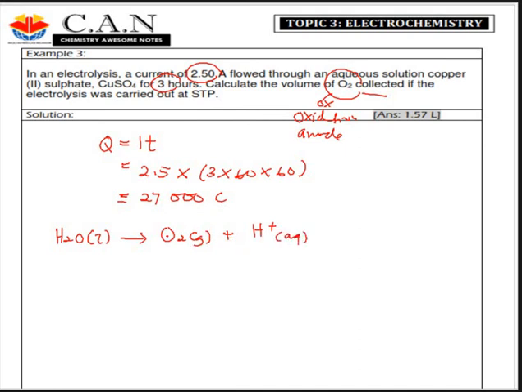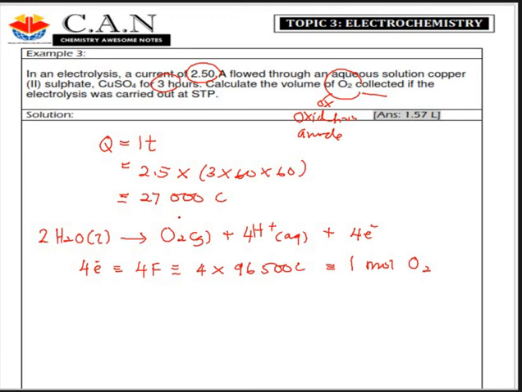Okay. So kita buat O2 kat sini, so kita ada satu je O kan. So kita letak 2. Okay, ada 2, maksudnya ada 2 darab 2, so ada 4 H+, so bermakna dia release 4 elektron. So 4 elektron, it shows that 4 Faraday. 4 Faraday is equal to 4 times 96,500 coulomb, which is equivalent to 1 mole of oxygen gas. 1 mole saja.